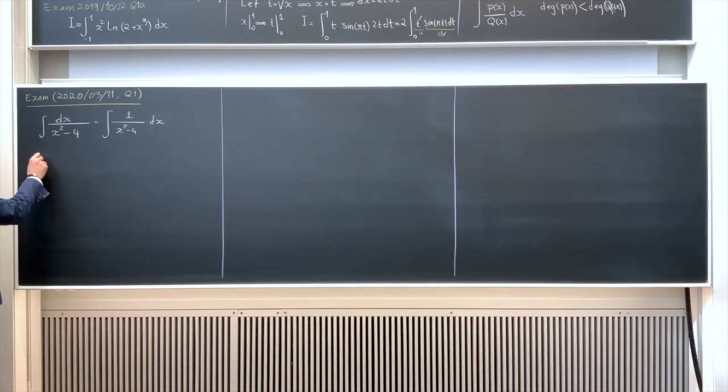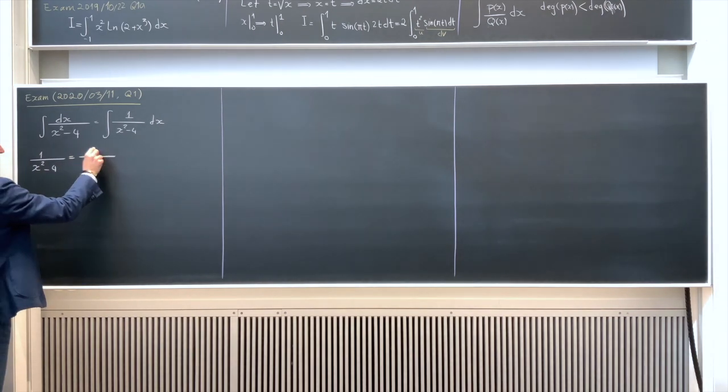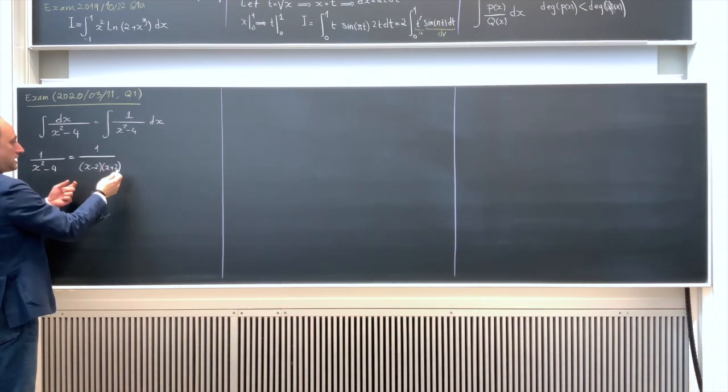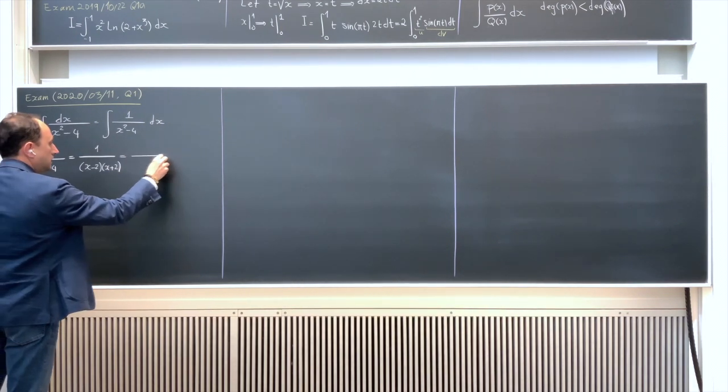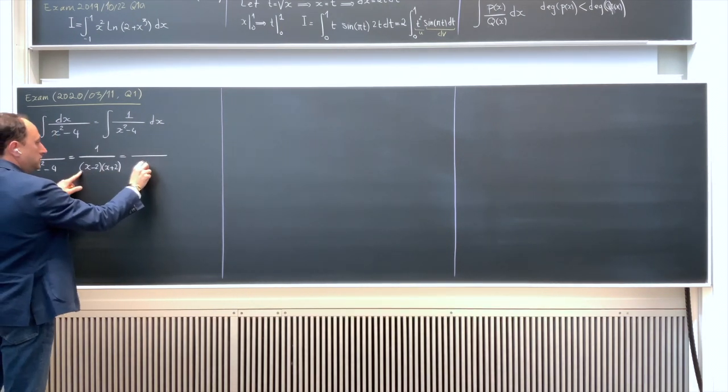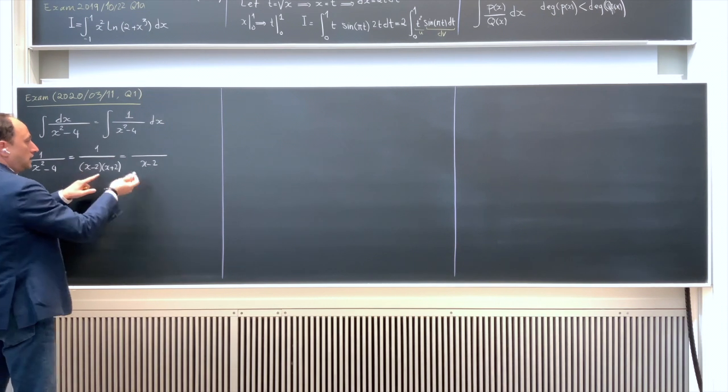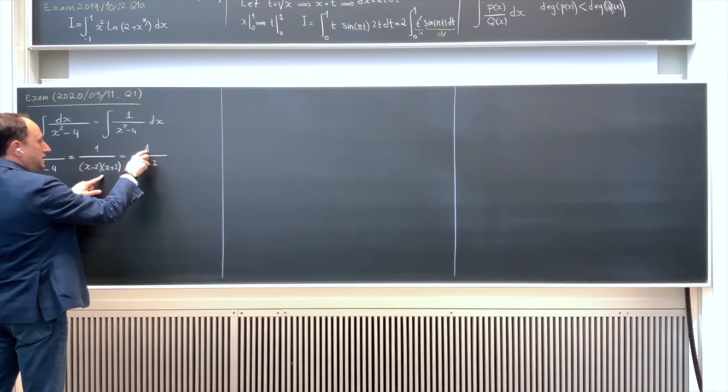What does it mean? I will take this fraction and factorize the denominator. So this becomes (x minus 2)(x plus 2). Okay, and then I want to write this as the sum of two partial fractions. How? I will take this, for example, put it in the denominator, and then put a number A, which is still undetermined.